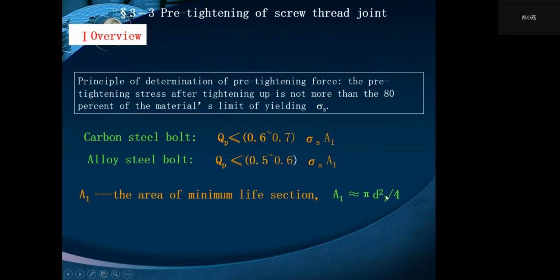D1 is the minor diameter of the thread. Usually, the preload is not more than 80% of the material's limit of yielding sigma s.